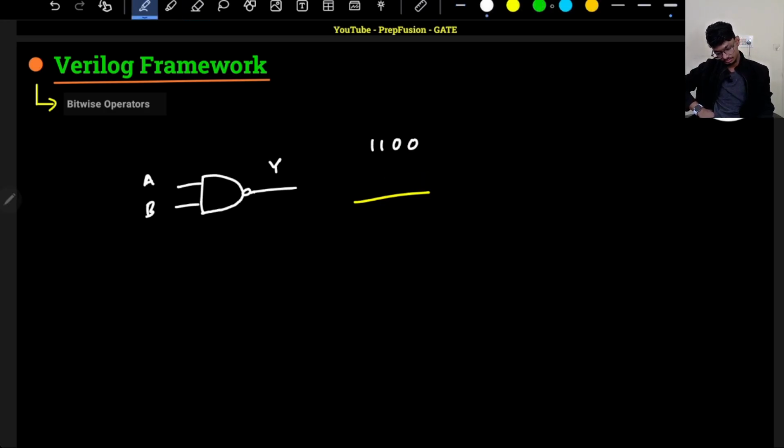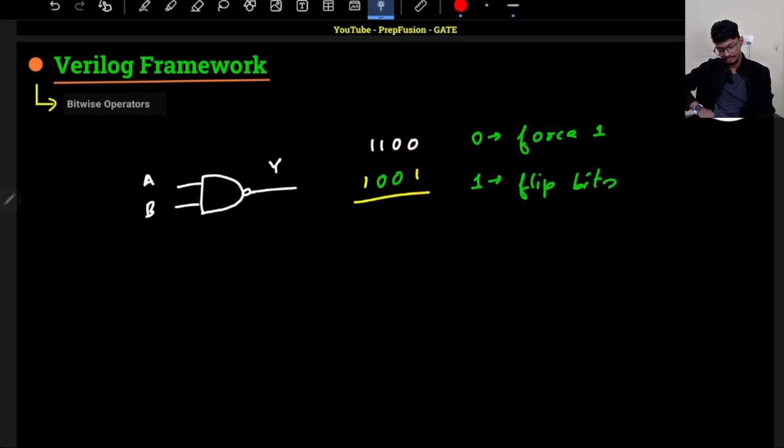I told you the opposite here, right? You have to do the opposite. So basically, for forcing 1 you have to write zeros. So here 0 will force 1 and 1 will flip the bits. Okay, so this 1 and 0 is 0, and since I am performing NAND, this will be 1, this will be again 0.